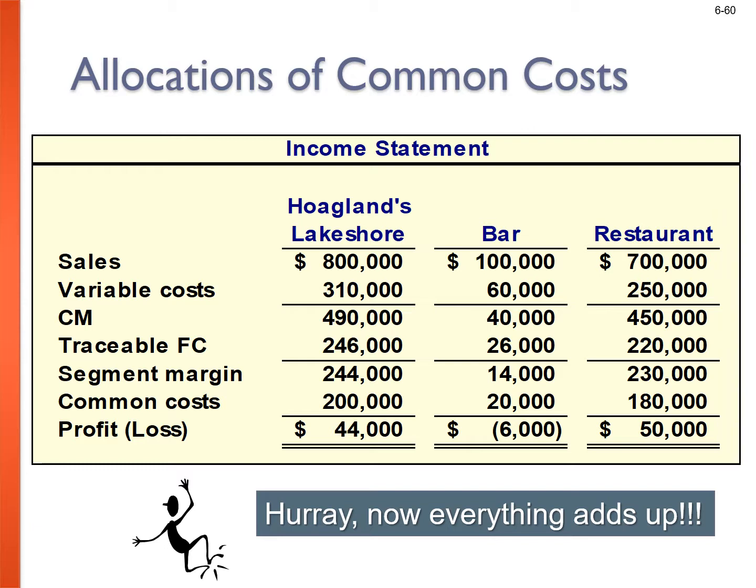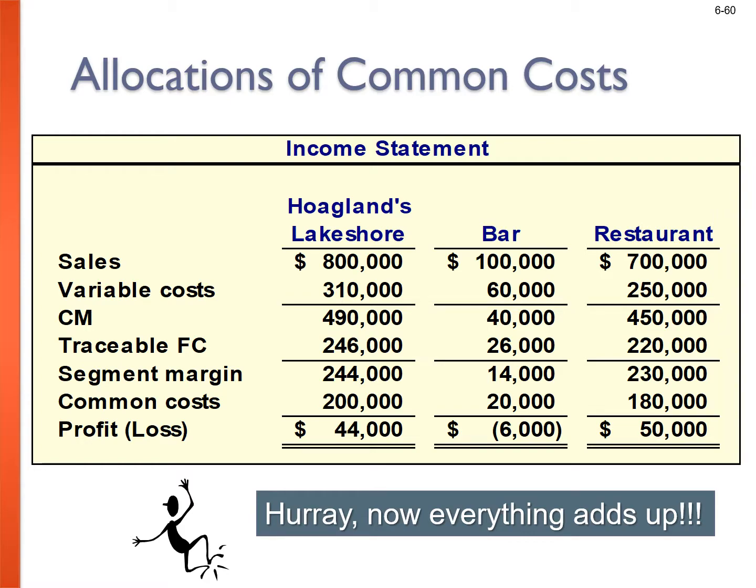So that 200,000 would be allocated to the restaurant. But since they can allocate part of it, the common costs, to the bar and the restaurant, then subtract it that way. Allocate as much as you can. It is not considered a traceable fixed cost because it doesn't go away if the bar goes away. But it can be allocated because of the square foot. So the bar is actually creating a loss where the restaurant is creating income.